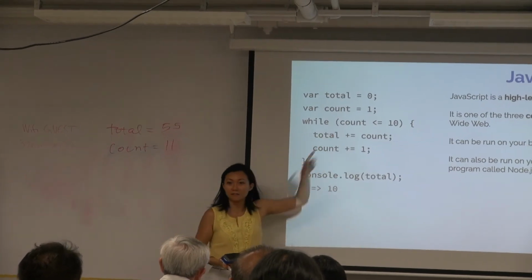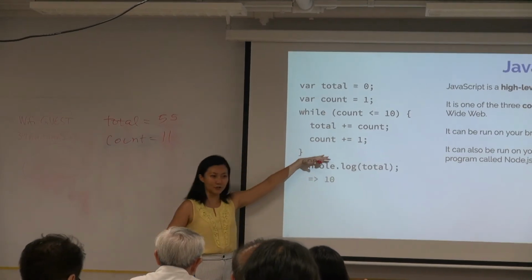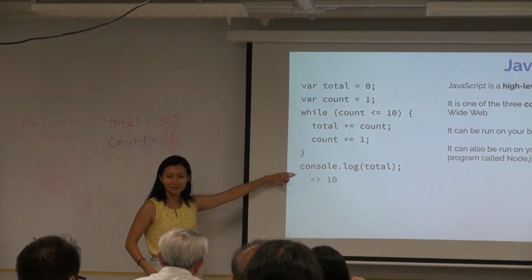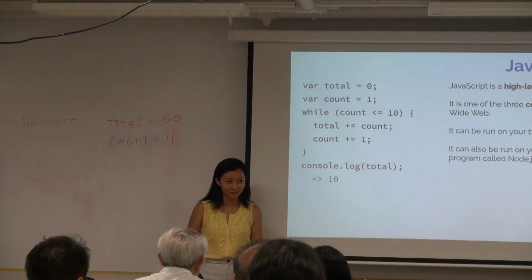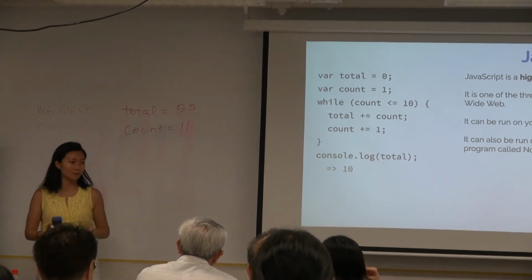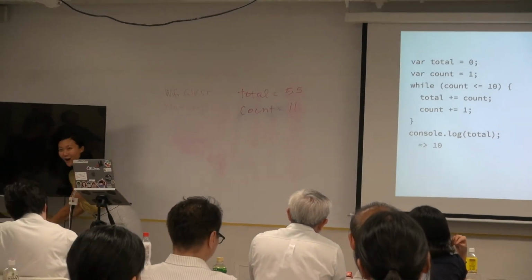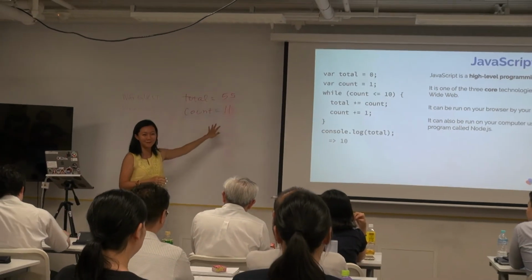Is 11 less than or equal to 10? No. We're out of the loop. Next line. Console.log total. What is total? 55. So the computer prints 55. Yeah, a lot of work to do some simple math, right?